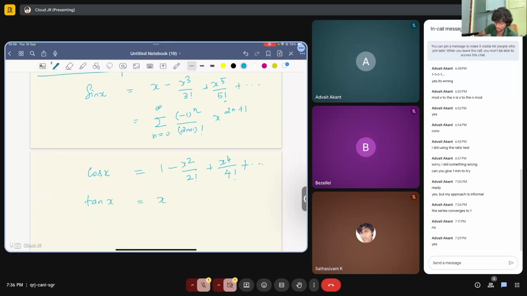This is x plus x power 3 by 3 plus 2x power 5 by 15 plus etc. Okay, how do these terms come? At least up to here you can generalize it, but here these coefficients are a little bit tricky. There's something called the Bernoulli numbers, and you need to do those things. So it's not as generalized as this.